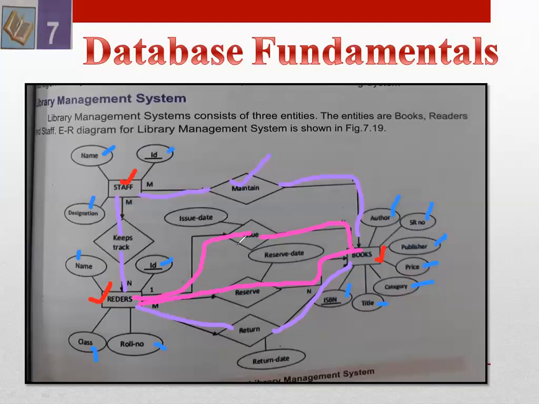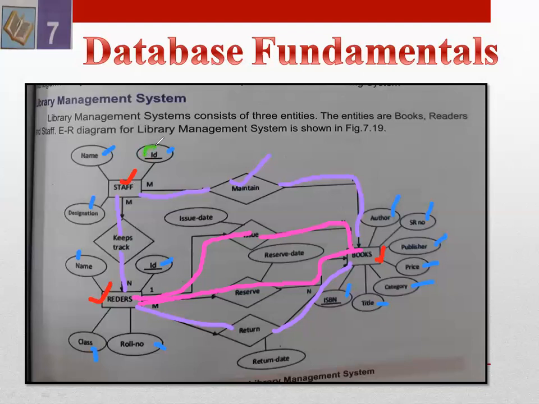So in the relationship we can maintain further information. For issuance we can maintain the issue date. For reserve we can maintain the reserve date. Here we can maintain the return date. And dear students, you must remember the primary key. Here we have a staff entity, and the primary key of this staff entity in the attributes is the staff ID.